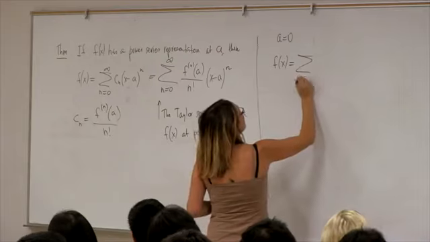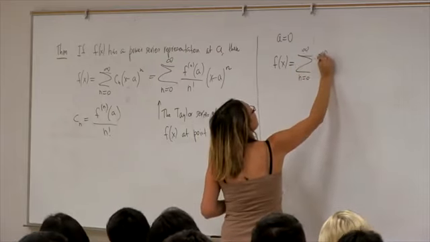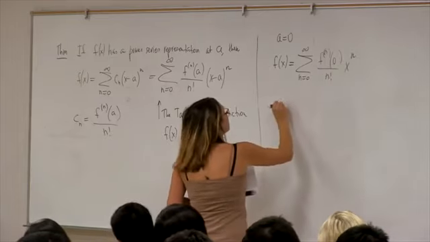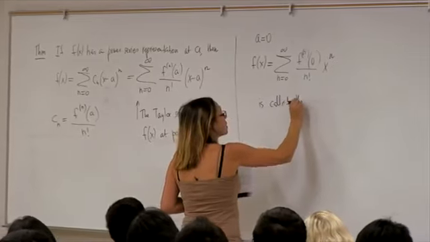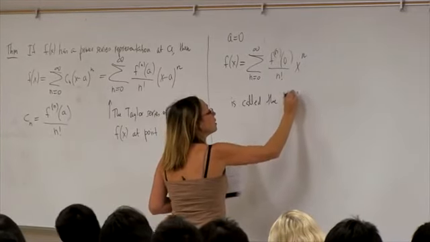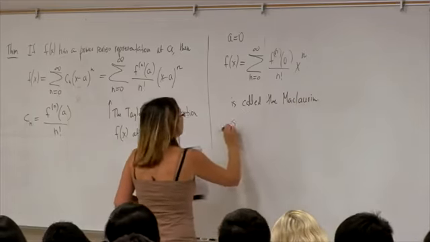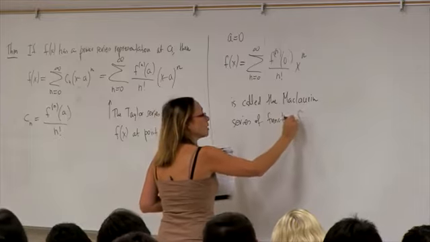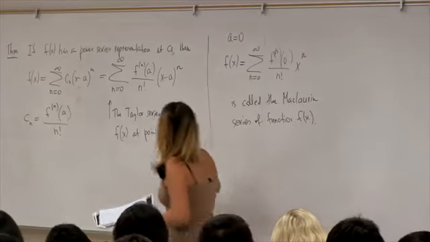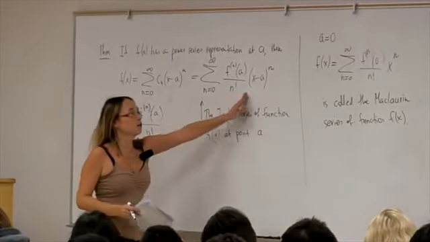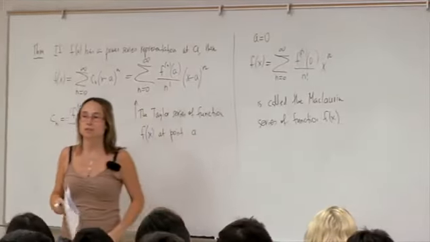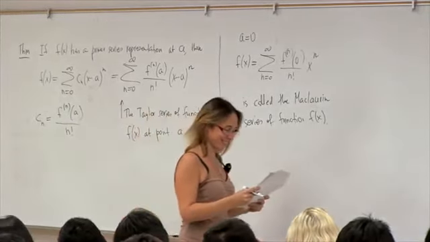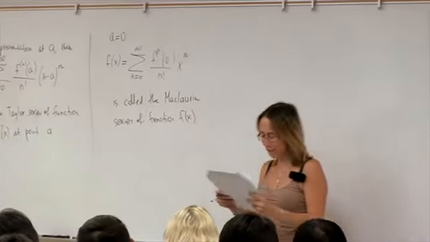This works for any A, so let me write the special form at 0 is called the Maclaurin series of function f. So when you write down the Taylor series at 0, this is called the Maclaurin series. But nobody uses that. At least, well, not in my area of math.